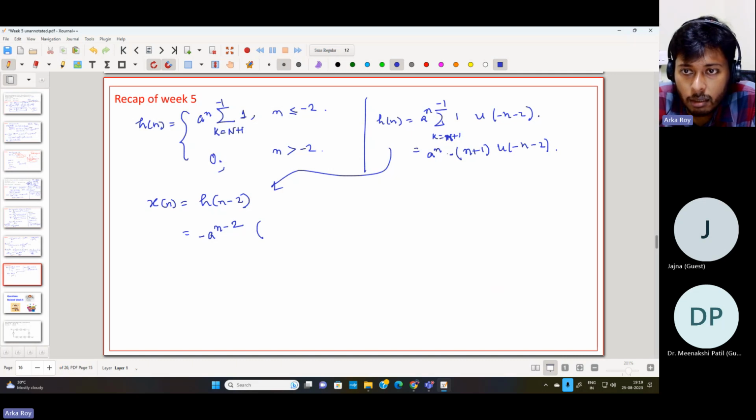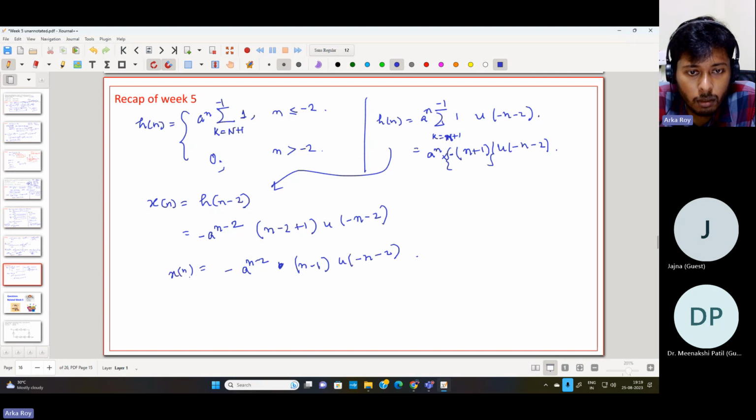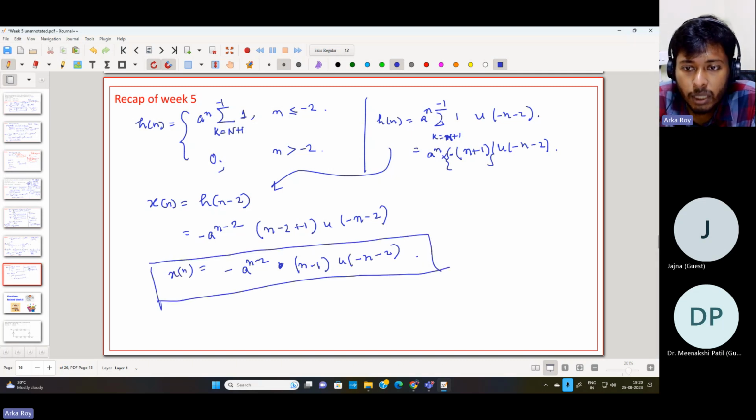This minus is going there. So n minus 2 plus 1 and then u of minus n minus 2. So therefore it will be a to the power n minus 2 and then there will be n minus 1 u of minus n minus 2. So this is what the final x of n looks like. So this is quite a big problem.